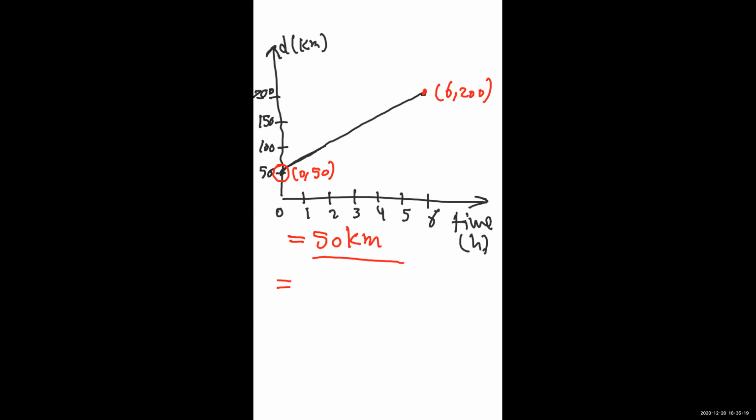So 200 minus 50 over 6 minus 0. So it will equal 150 over 6. So the speed will equal 25 kilometers per hour, right? So this is the speed or the velocity. Okay, guys, are we clear?